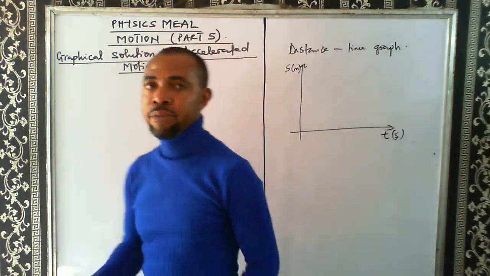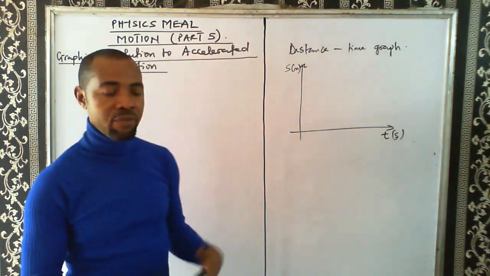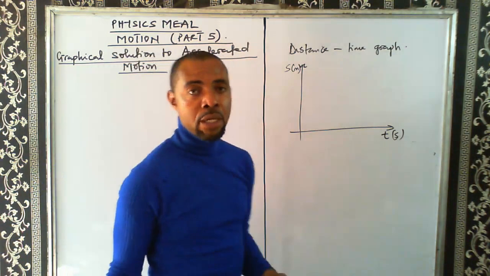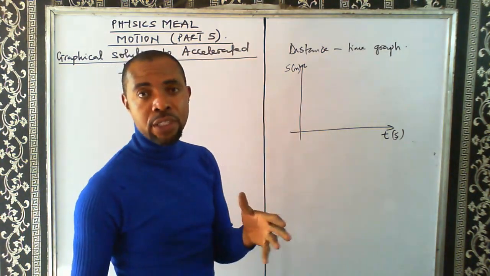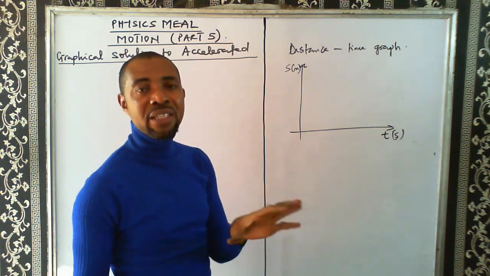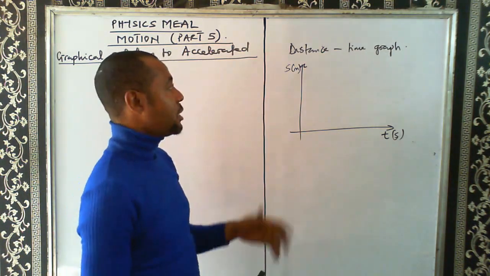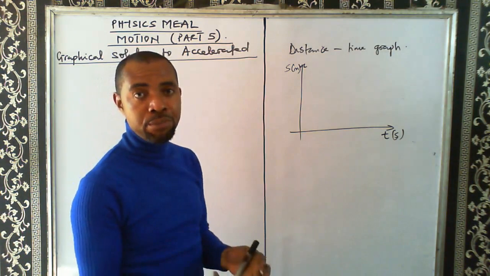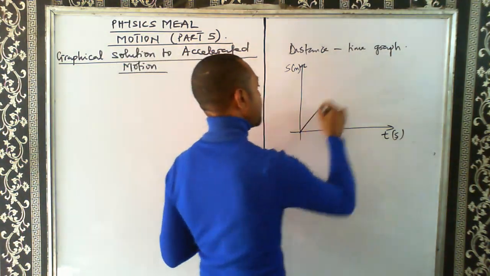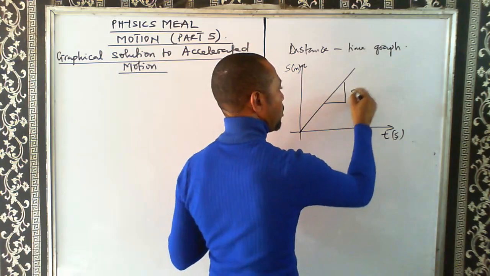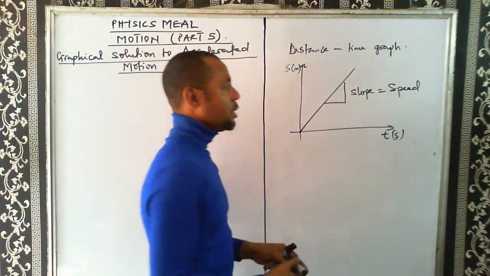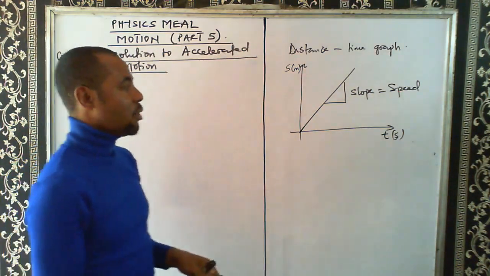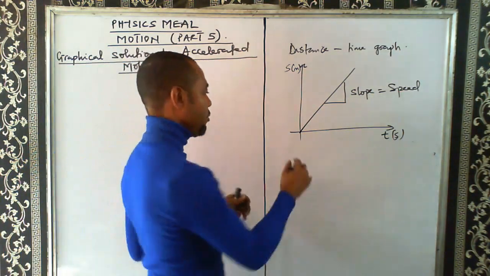The major thing we consider in a distance time graph is usually the slope. The slope of a distance time graph is speed.